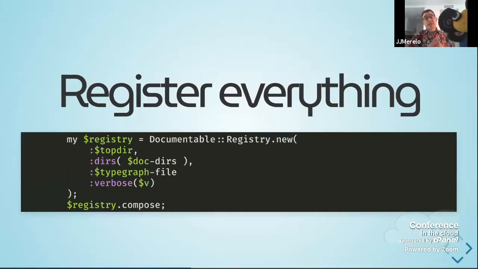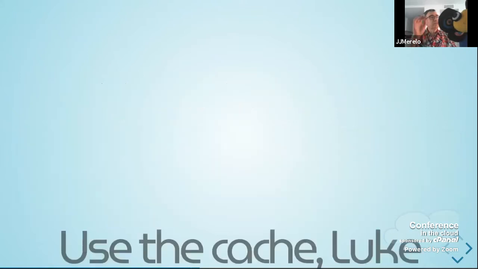The second thing is you have to register everything, because remember, you have to index everything we have so that we can easily reference it. We can easily create pages or a feed. We can easily create this little search slot that we have in the page. So we use something which is called the Documentable registry. The Documentable registry is like a higher level thing where you have all the data structures and all the things that you have extracted out of that documentation data structure, right?